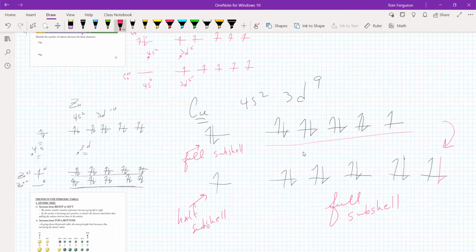That S that we destabilized had 2. So what we've done is we've destabilized the S subshell and we stabilized a much larger subshell. So that's what copper does. So copper configuration is not that. It is 4s1 3d10. And also silver and gold are the same way.